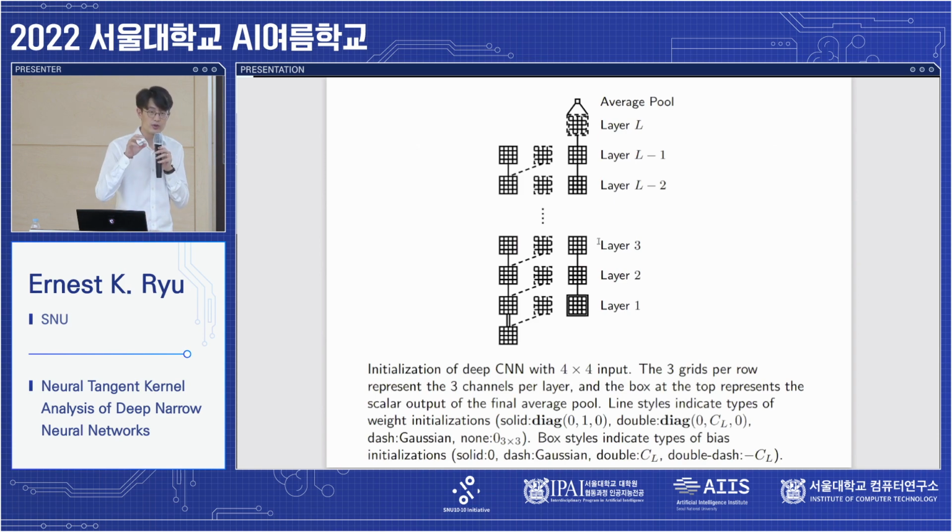We use 3 by 3 convolutional filters with padding so that the spatial dimension is preserved, and the architecture is convolution, ReLU, repeated L times. The dotted lines correspond to filters initialized as IID Gaussians, and the empty lines correspond to filters initialized as 0.